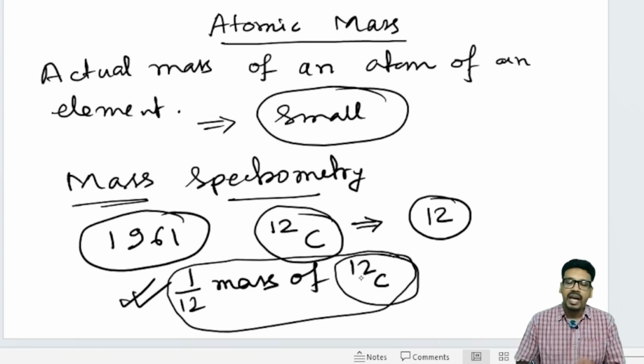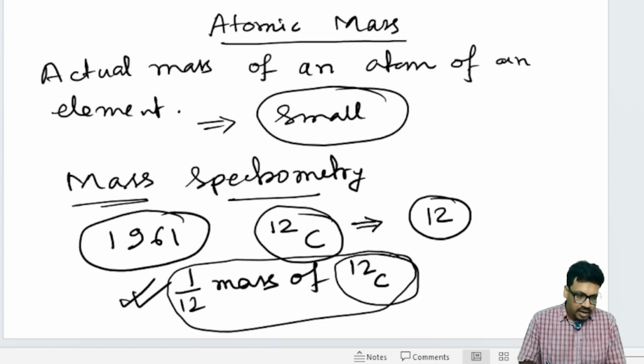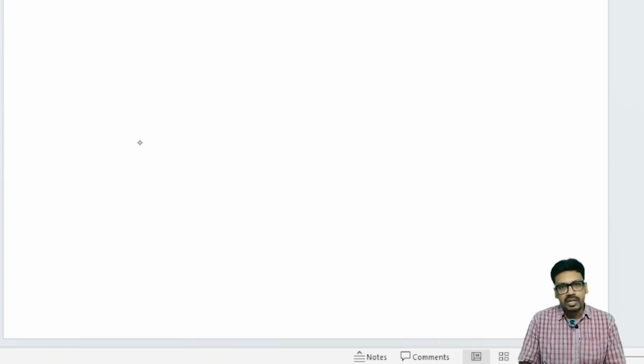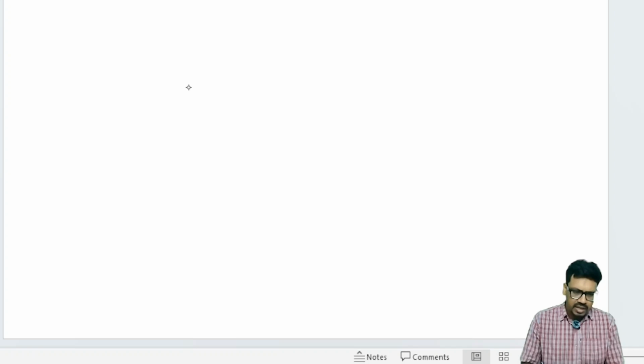Nowadays, the atomic mass is measured mass spectrometrically. Sorry, this is not photometrically, this is mass spectrometry. Now, what is the unit of the atomic mass? Very earlier we used the relative method.